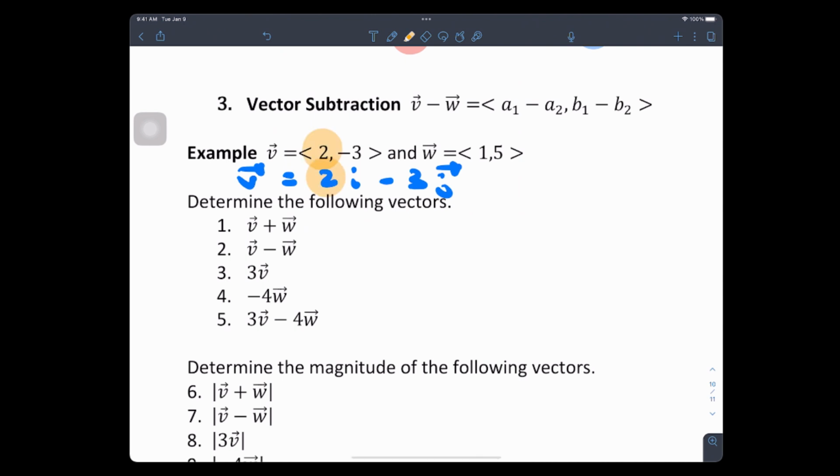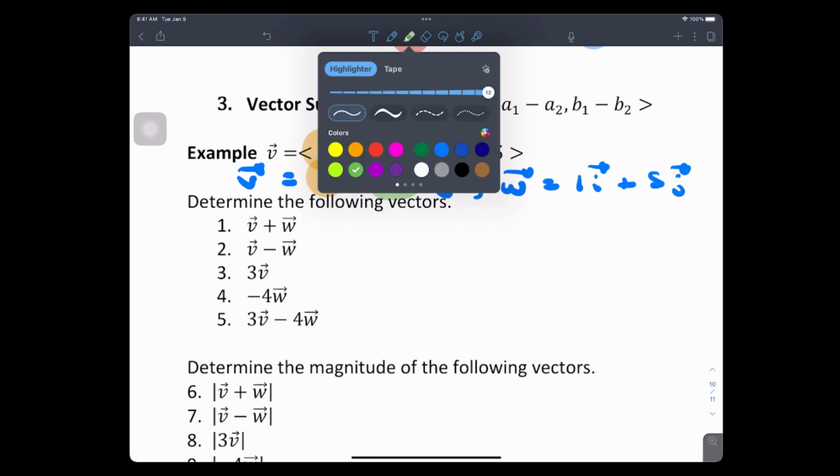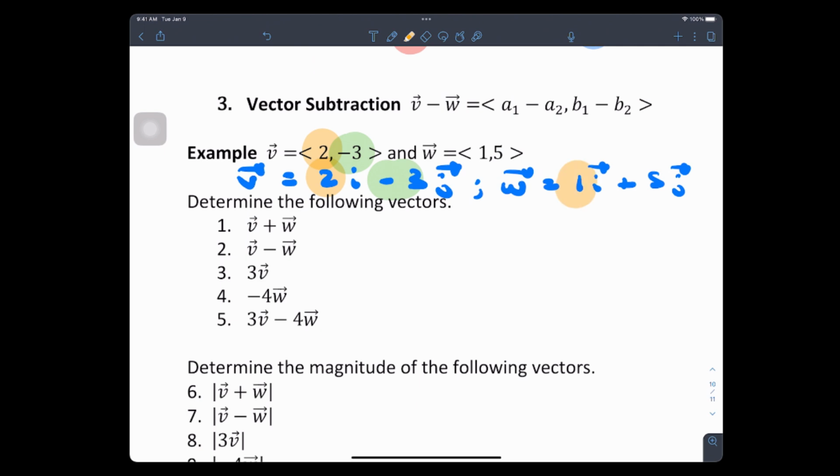I'm going to illustrate why you care. So here's why we care. Now, what is vector W? How do we define vector W? Is that 1 times I plus 5 times J? Yes. All right, you guys okay with that?